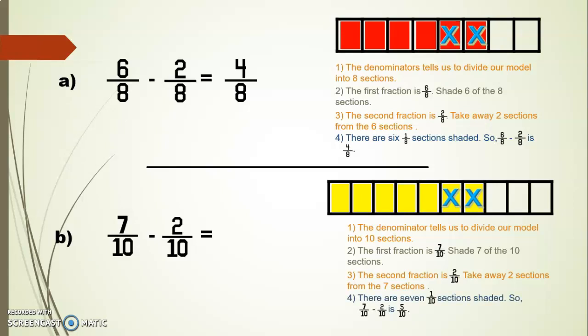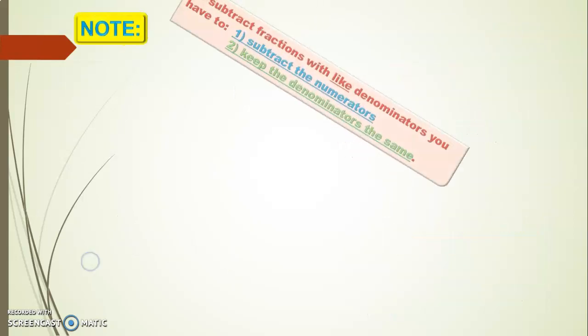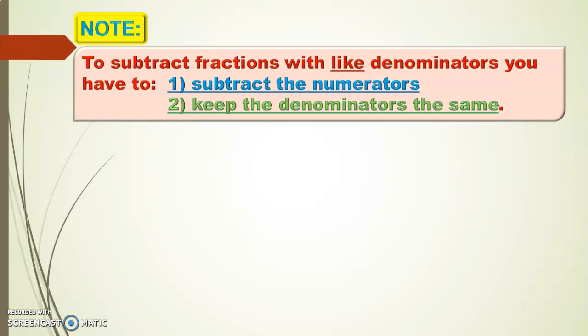So 7 over 10 minus 2 over 10 is 5 over 10. Why? Because 7 minus 2 is 5 and we will keep 10 the same. So we have to remember that to subtract fractions with like denominators, you have to subtract the numerators and keep the denominators the same.